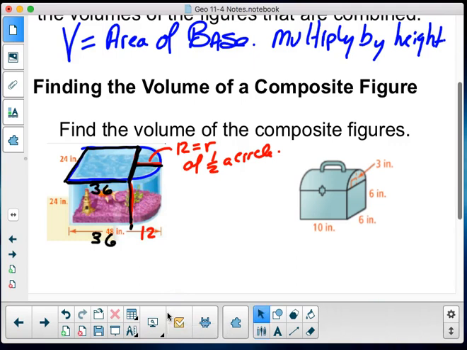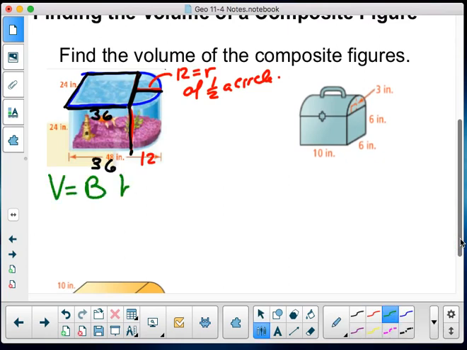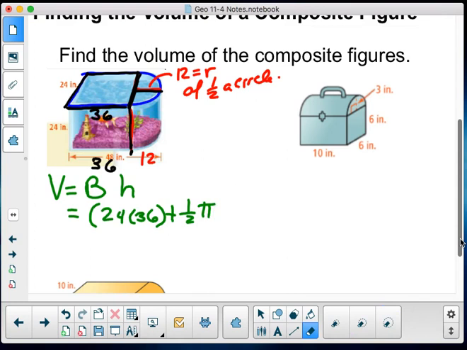Now with the information I have provided, volume is equal to base times height. Let's work on our base. My base is going to be 24 times 36 plus my half circle, half of pi r squared, and my r is 12 squared.